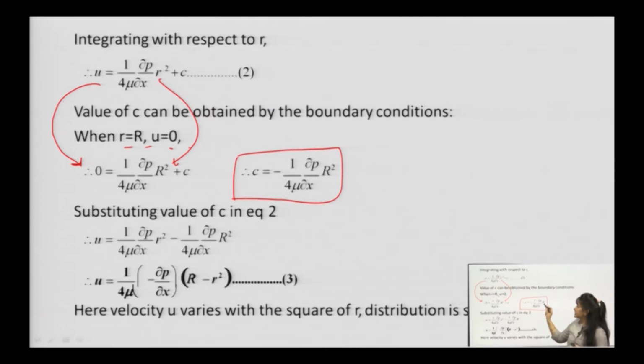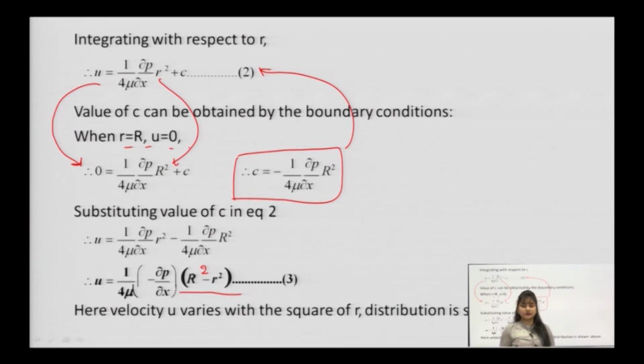After obtaining the value of c, you substitute it into the main equation, and it is nothing but 1 by 4 mu times negative change in pressure with respect to the distance traveled, times a very important term through which we understand the velocity distribution: capital R square minus r square, where capital R is the radius of the pipe carrying the viscous flow, and small r is the elemental fluid we have taken within that fluid.